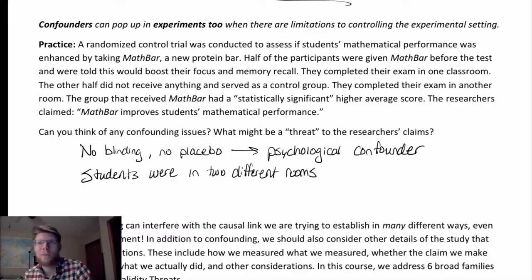There could be something different about the desks that systematically affected one group differently than the other. It's hard to know from the information provided. We honestly don't know, but it's something that we need to mark. It's a possibility that is not known at this point. So I'm going to say a room environment confounder.